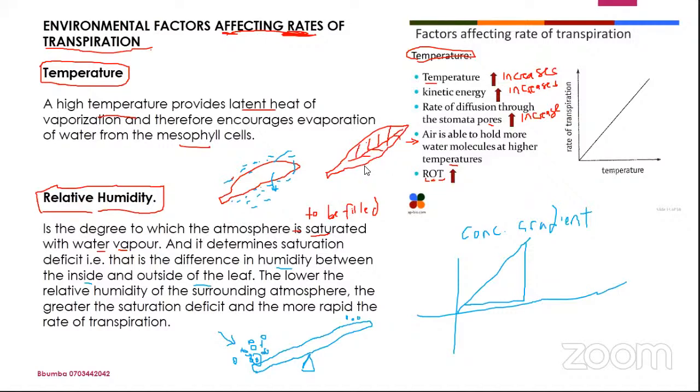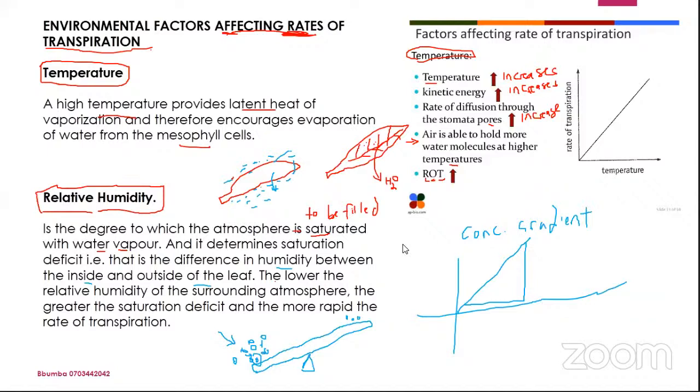So it creates a high concentration gradient, whereby the water vapor will move from inside the leaf to outside where there is none at all, due to a high concentration gradient between the inside of the leaf and the outside. So that's what it means.